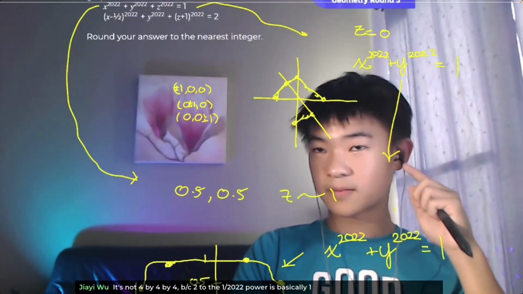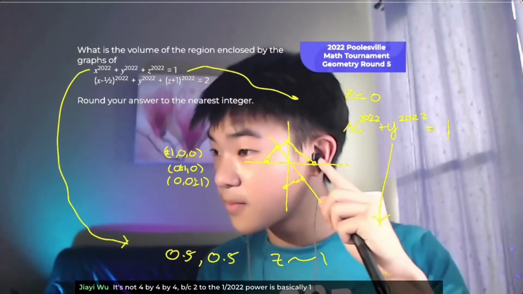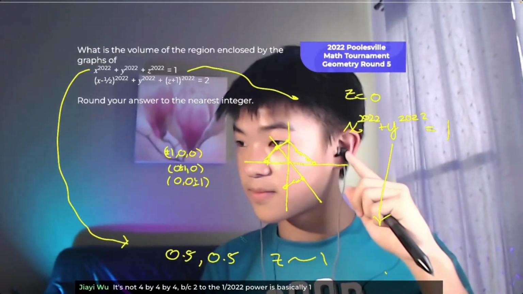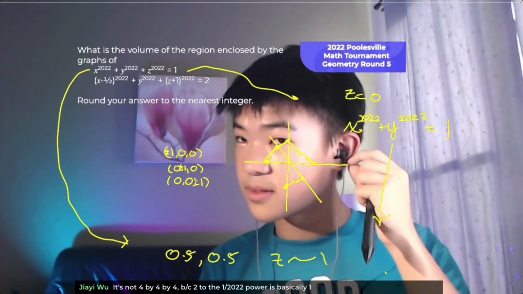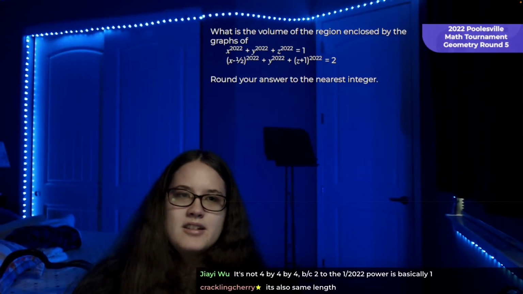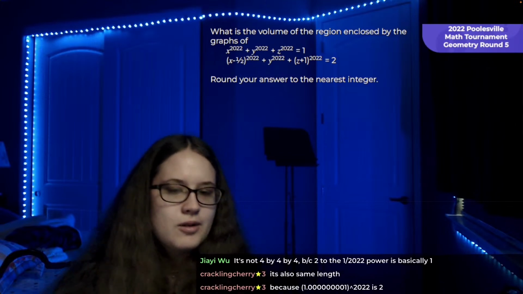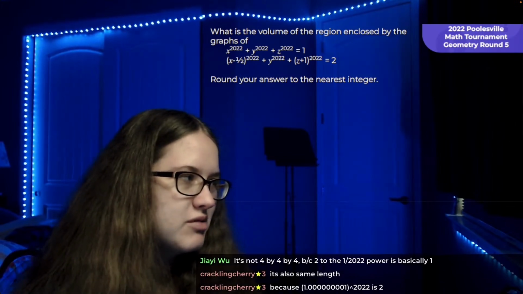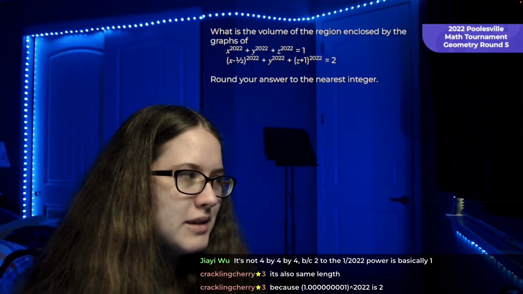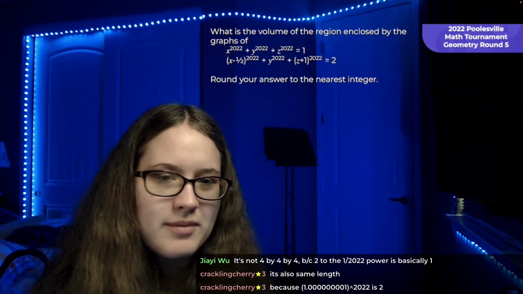True. Yeah, so you can have two ones. Like you can have the y term equal 1 and the x term equal 1, but you could have one of the terms be slightly greater than 1 and it would be 2.